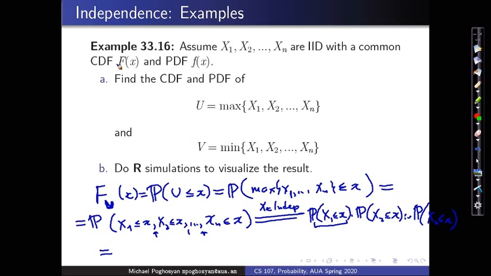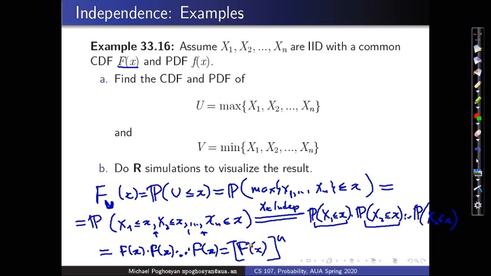But the CDF of X1 is F of x. This is the CDF of X2 at the point x. But the CDF of X2 is again F of x. So I will have another F of x, etc. And at the end I will have F of x to the power n. The CDF of U is the nth power of the CDF of each of the Xk.